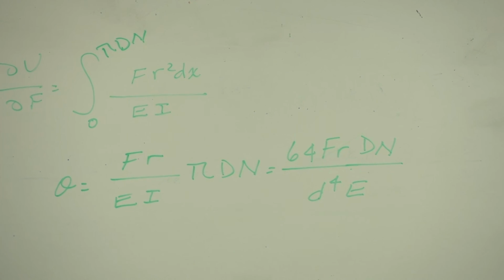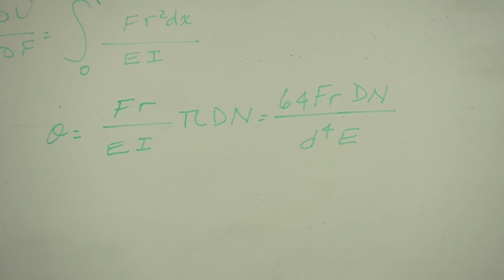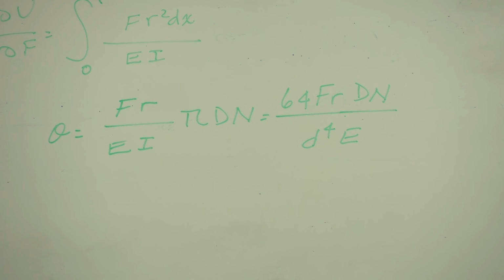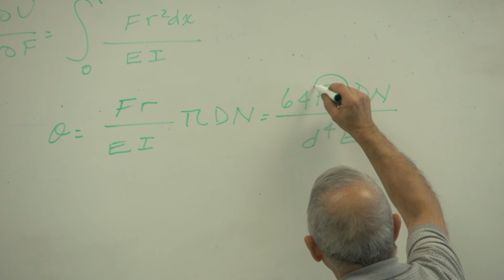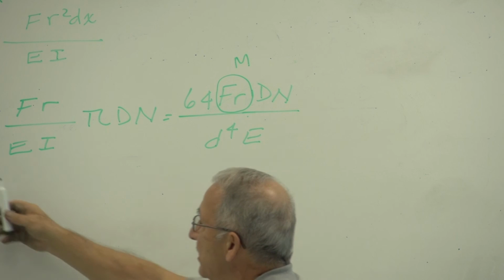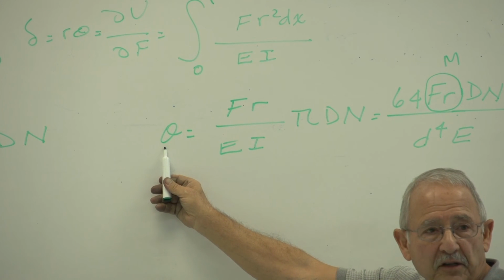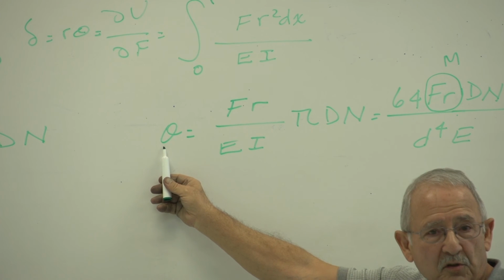Notice that we have defined the spring constant, K, as the moment divided by the angle of rotation. So here's the moment, there's the angle of deflection, and if I divide those two, I will get the spring constant.